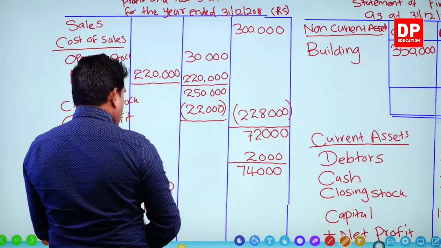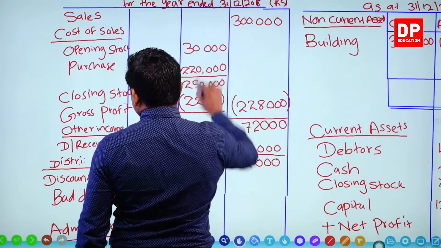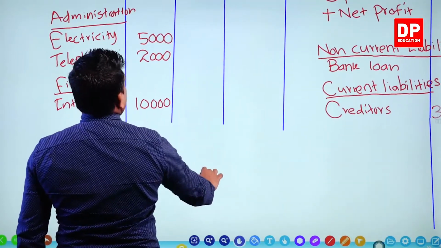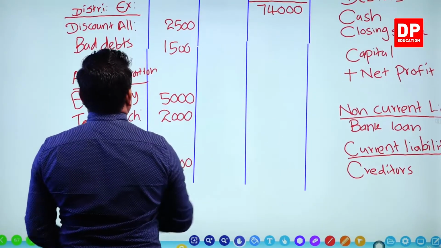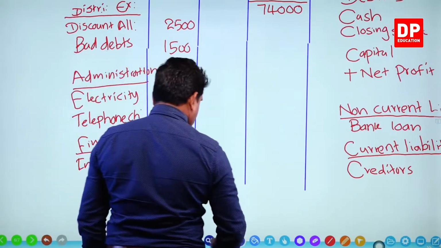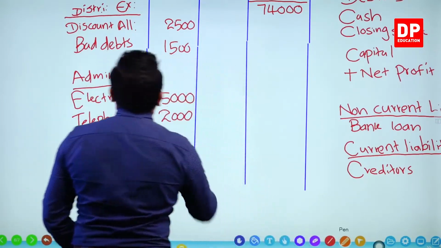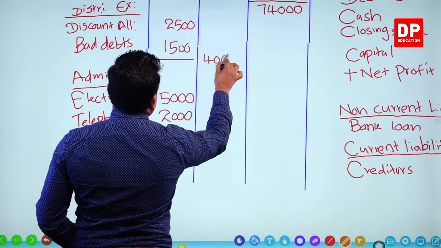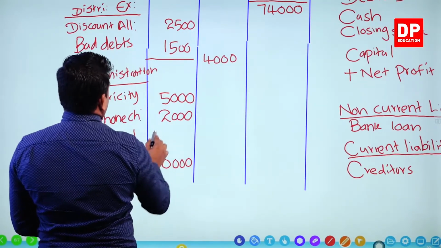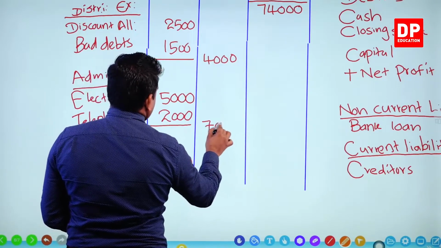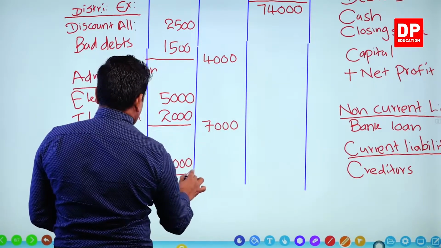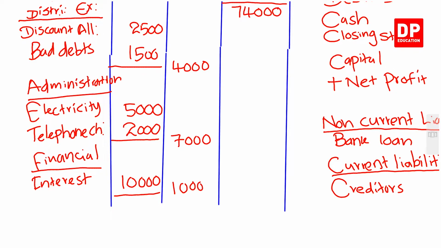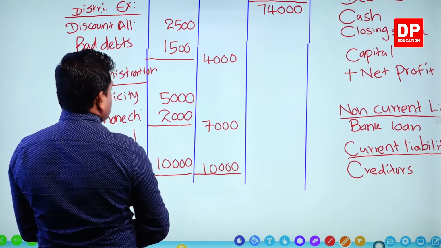Okay. Now total income is 74,000. Then you can see the expenses. Here how much? 4,000. Here 7,000. Here 10,000. Then you get the total of the expenses.